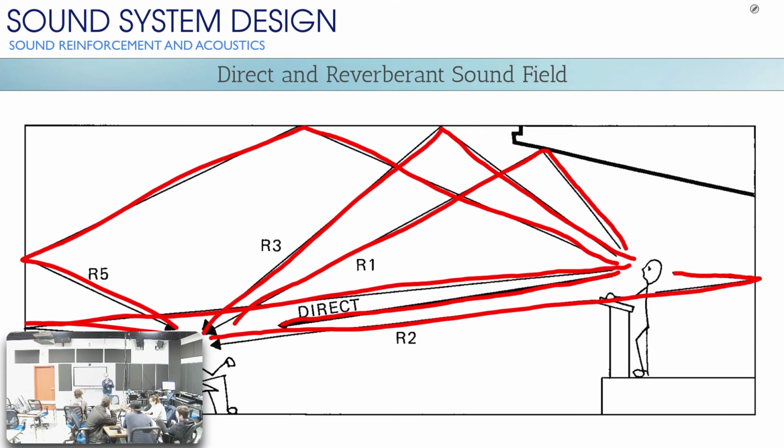And what that means is that eventually the cancellations and reinforcements in that comb filter get close enough together, just like when the reflections get close enough together, you hear it as one sound. When the cancellations and reinforcements in the comb filter get close enough together, you stop perceiving them individually as well. And that starts sounding like one continuous sound. So you don't hear the frequency artifacts anymore. That usually happens around 5 milliseconds.